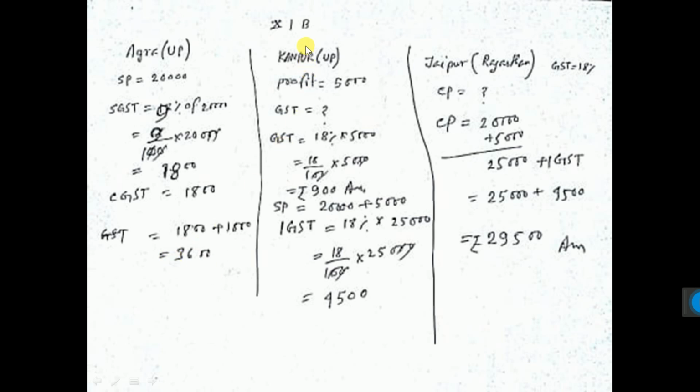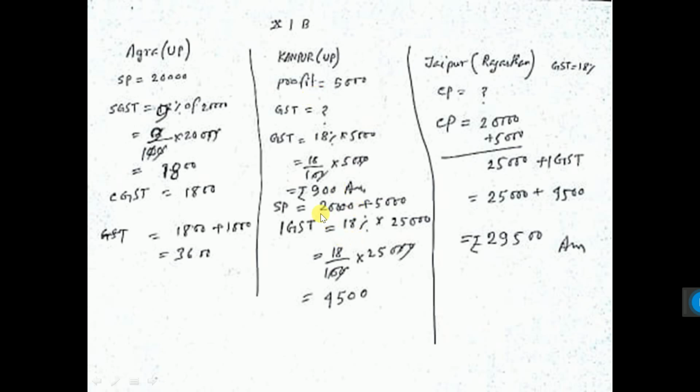Now Kanpur made a profit of 5,000. SP of Agra will be CP of Kanpur.